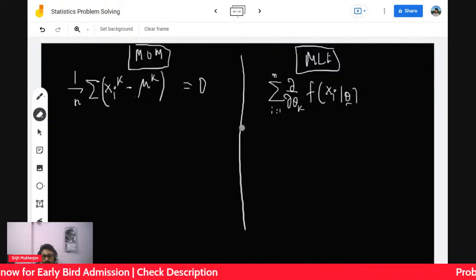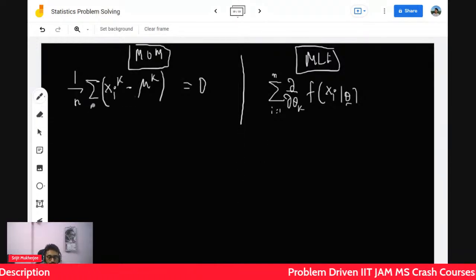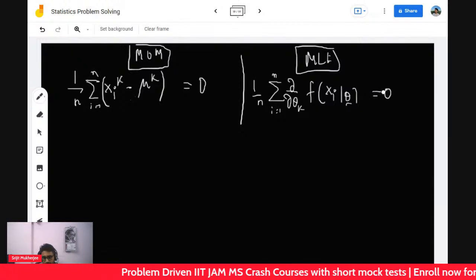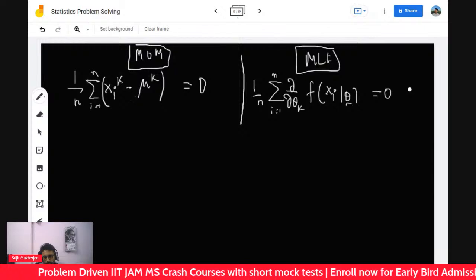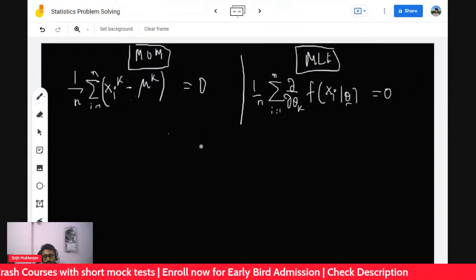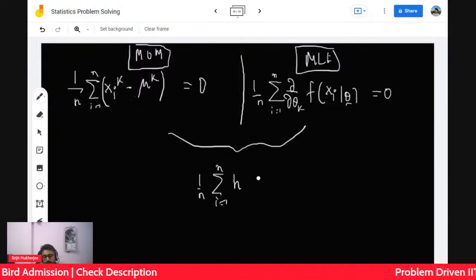Now do you see the similarity? If you add 1 by n over here, it doesn't matter, it's equal to 0 only. It's the same. So both of them are of the format 1 by n summation of some h of what?